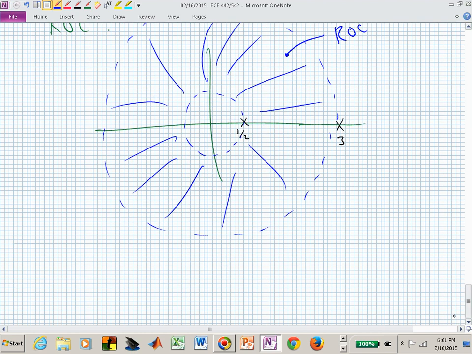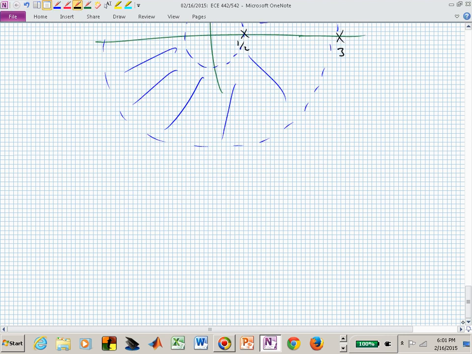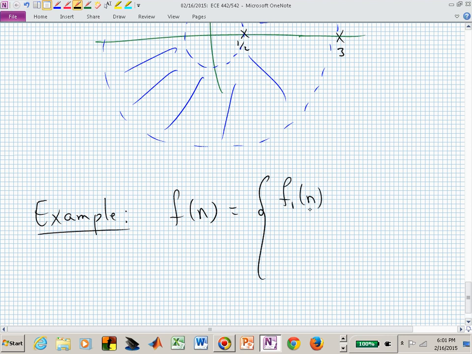There is our donut shape or annular region for this problem, and in particular, we could produce that if we had a time sequence, little f of n, made up of two pieces.